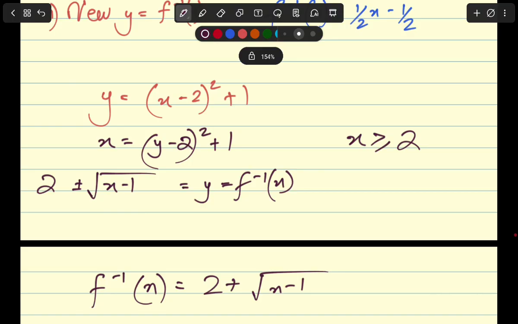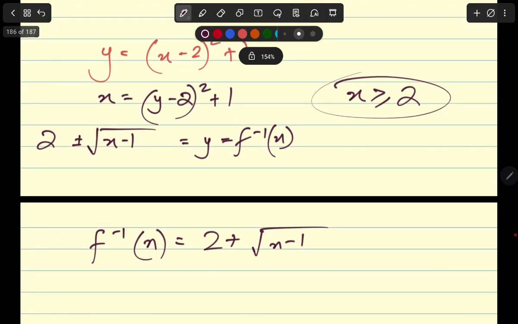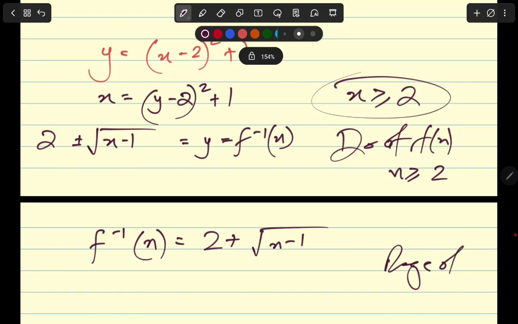So this is the domain of the function. Domain of f(x) is x greater than or equal to 2. Therefore, range of f inverse should be greater than or equal to 2.